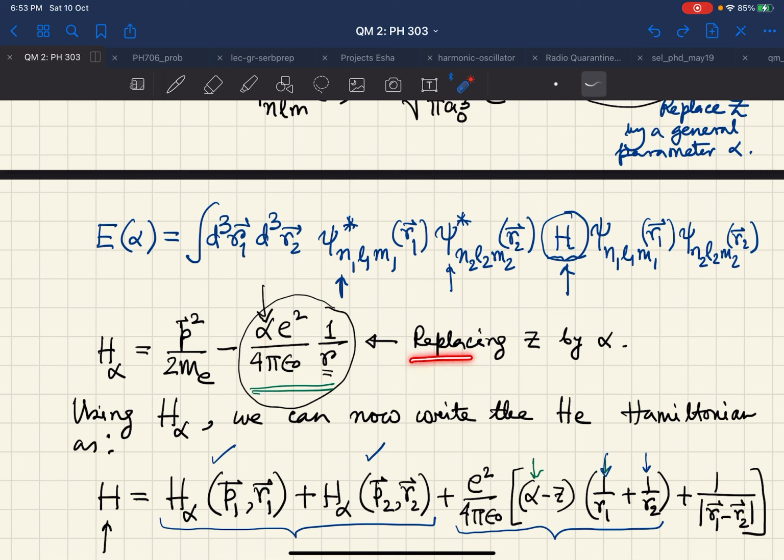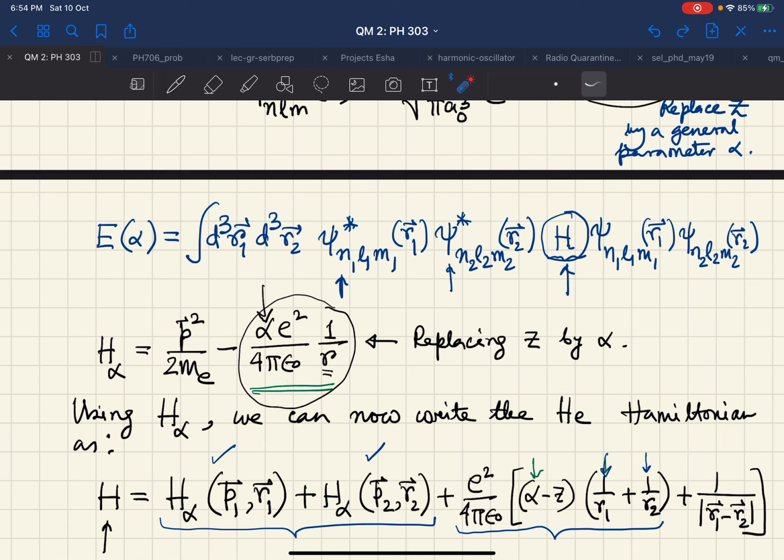That means we have actually replaced Z by alpha in the hydrogenic part of the Hamiltonian. But if I write this as alpha e squared by 4 pi epsilon naught into 1 by r, this is not my Hamiltonian for the helium atom. Therefore, if I add such a term, at some point I also need to subtract this term from the Hamiltonian.